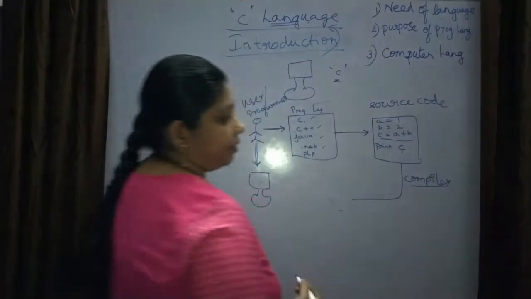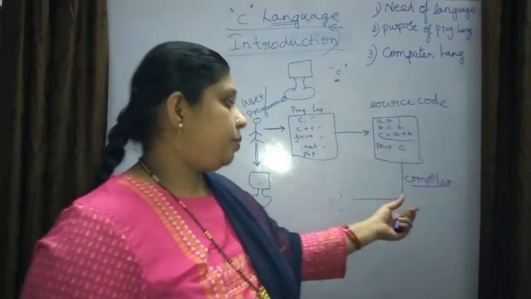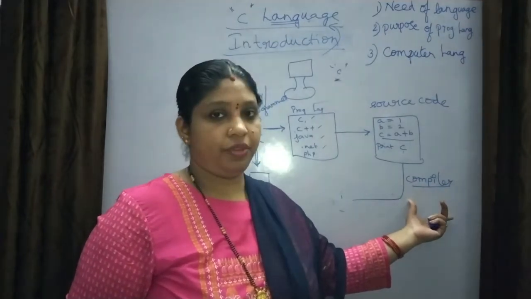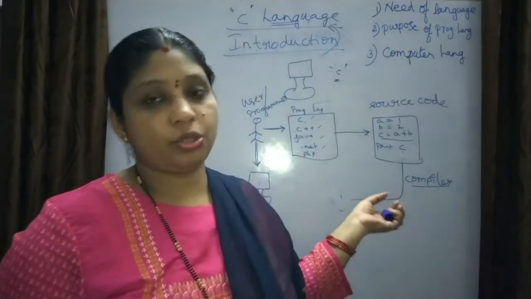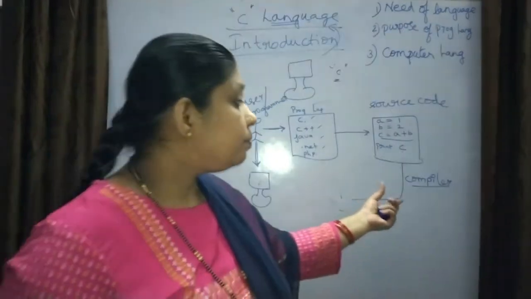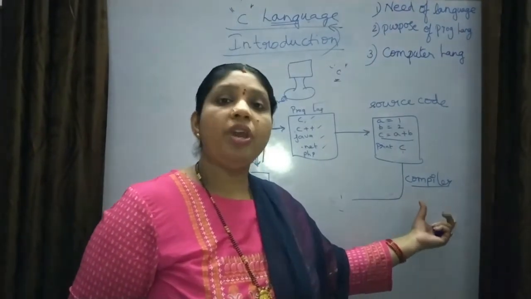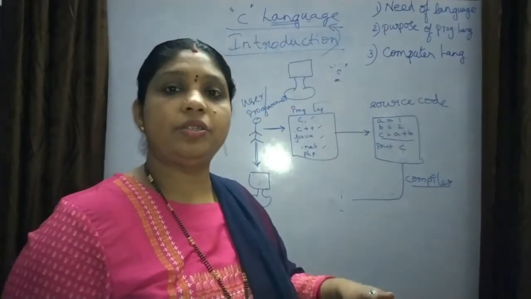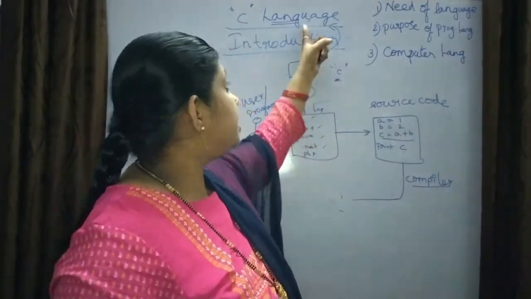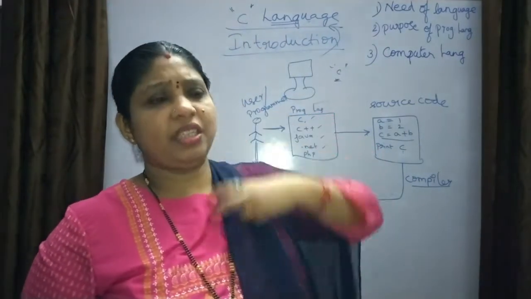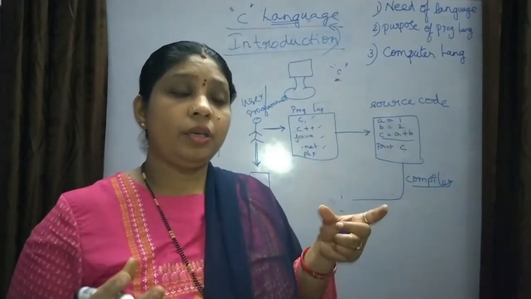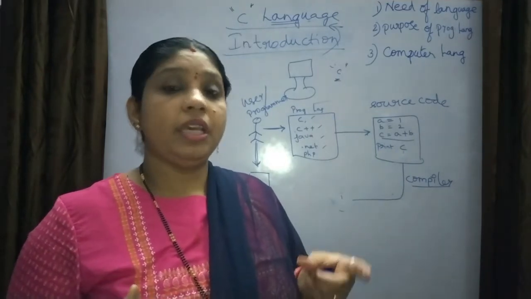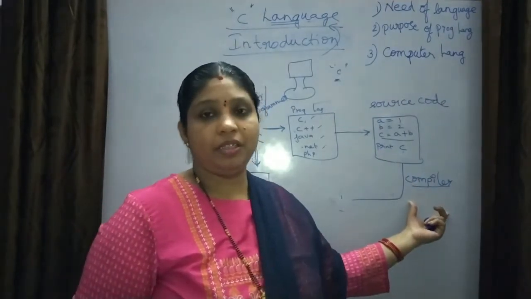What is a compiler? I will explain. A compiler is predefined software or translating software. What is predefined software? Where is this present? This is present either in the operating system or in the C language. The main reason C language has become popular for writing programs is because of these compilers.